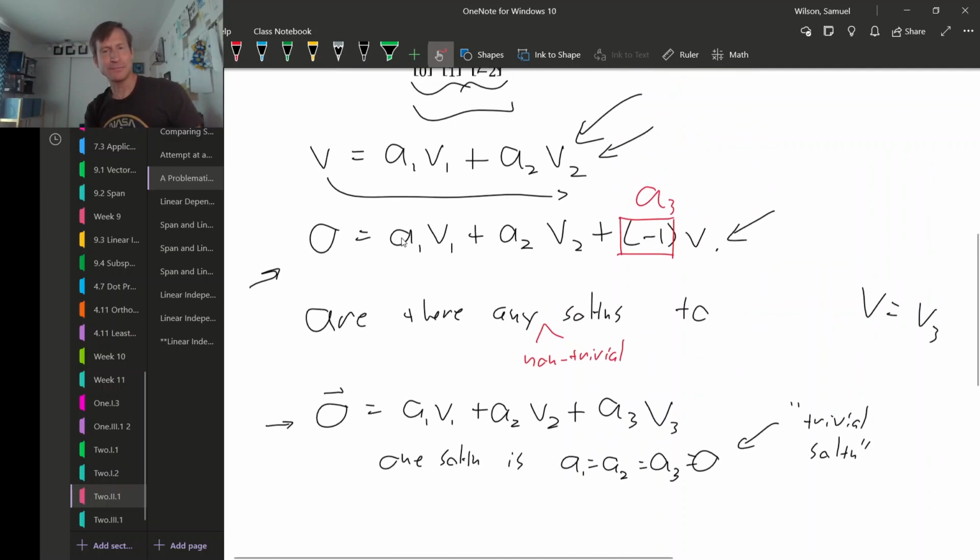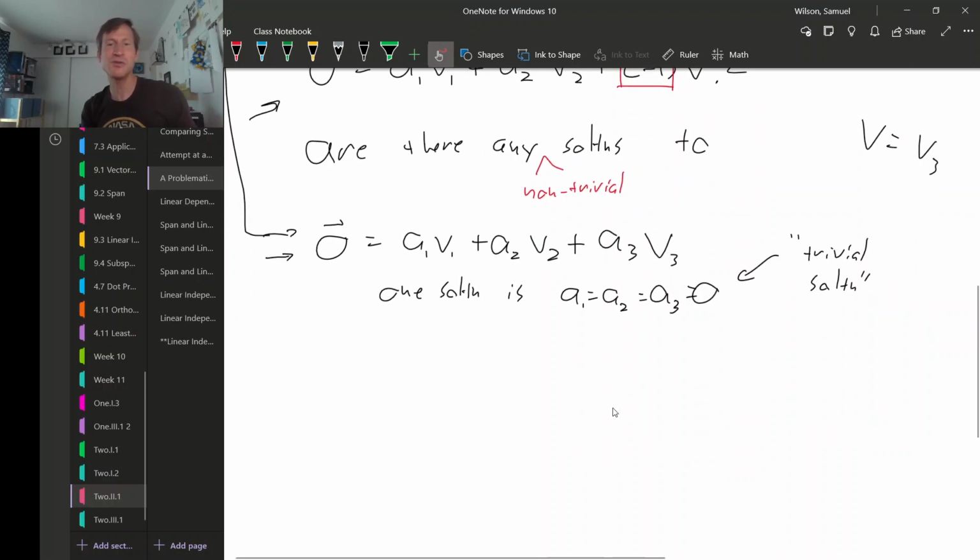So the question is, how does the answer to that question correspond to our previous idea of linear dependence, where one vector is playing a special role? Well, suppose that one of these a's isn't 0, so maybe it's the first one.